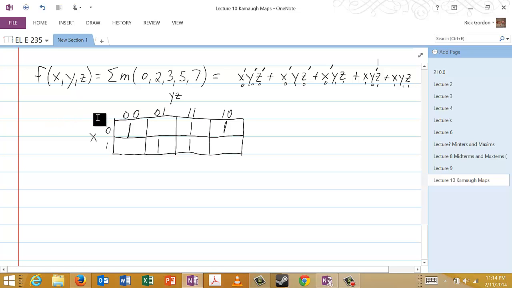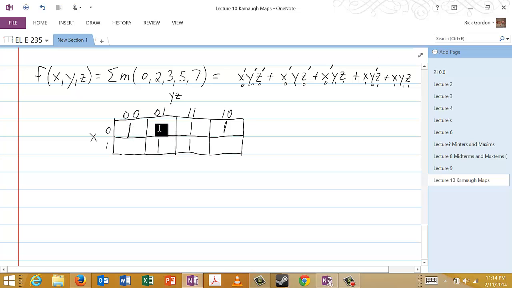Let me show you what I mean by that. If you always remember to associate the x digit first and then these two, okay, this is 0, 0, 0. So this is 0, 1, skip the next one, 2, 3. Again, let me make sure you understand. This is 0 because we have 0, 0, 0.